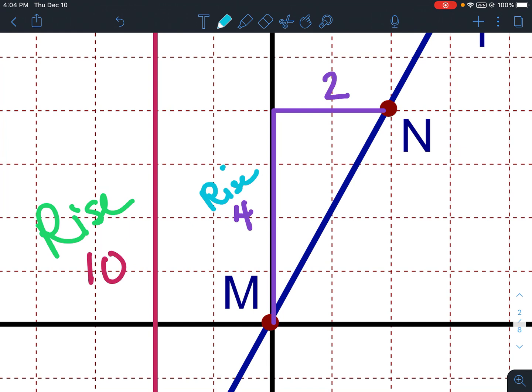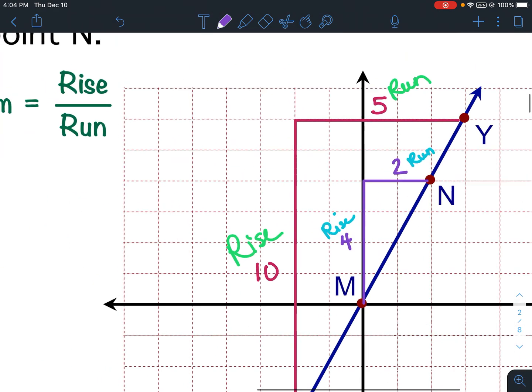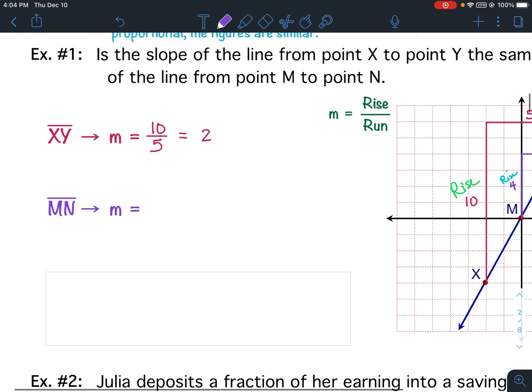This is the rise. This is the run. So for MN, it is 4 over 2. And 4 divided by 2 is 2.